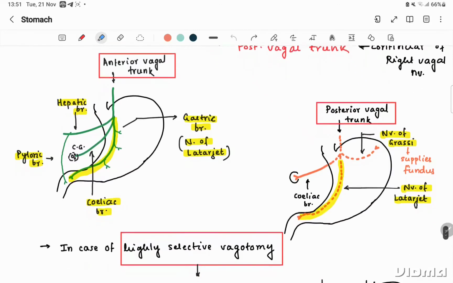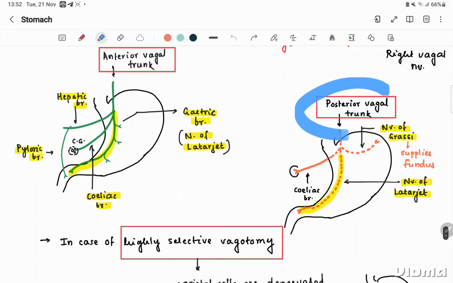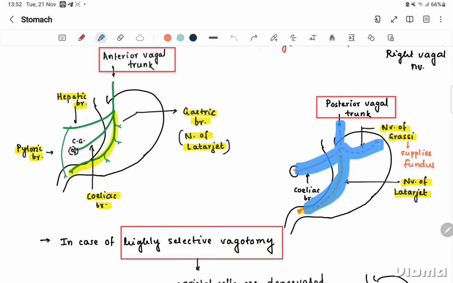In the posterior vagal trunk we have another set of nerves. The posterior vagal trunk comes like this and gives 3 branches. One is the nerve of Grassi, which is posterior to the stomach, and obviously the posterior vagal trunk is posterior to the stomach. The nerve of Grassi supplies the fundus, the nerve of Latarjet is present posteriorly also, and we have the celiac branch also. This is the posterior vagal trunk.